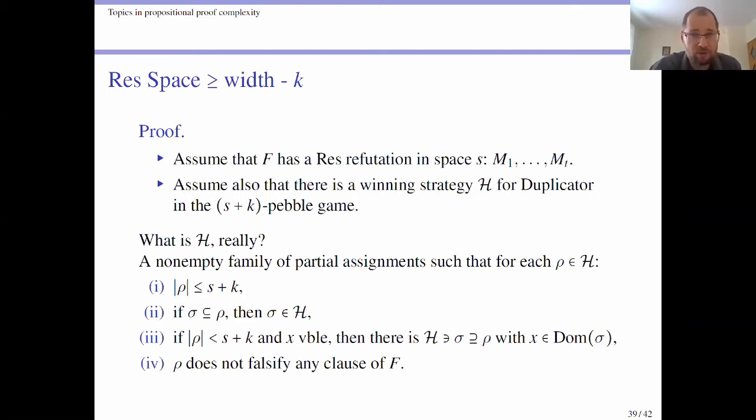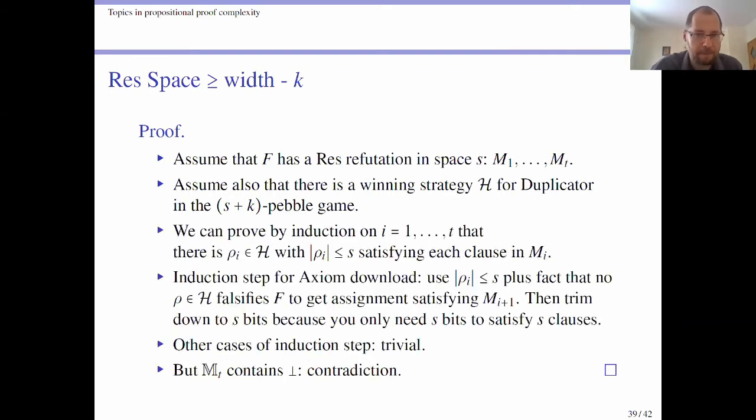And we can use that to get a contradiction from these assumptions, that there is a space S refutation, but no width S plus K.